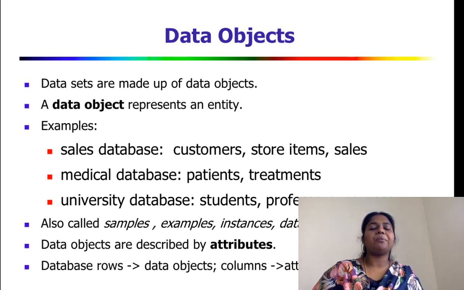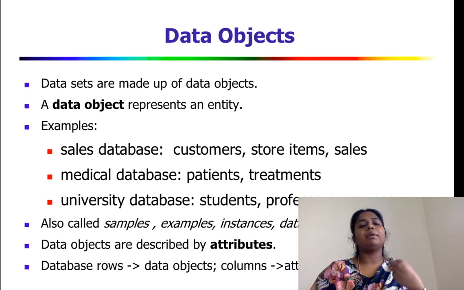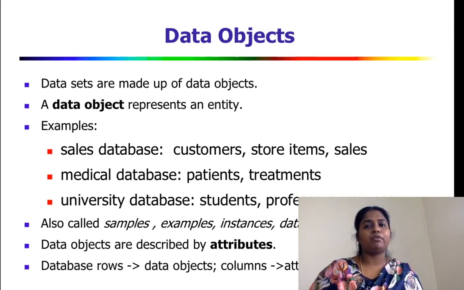A data object is something that exists in the real world. So if I say a biscuit packet, it is a real world data object or an entity. It can be described using multiple features or attributes. Those are called data values.